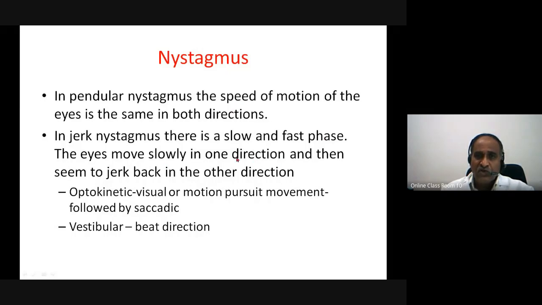The eyes move slowly in one direction, then seem to jerk back in the other direction, as when you are reading a textbook or seeing a landscape. Optokinetic, visual or motion pursuit movements are followed by saccadic movements. So that is about the jerk movement. And the vestibular, they beat in the direction.